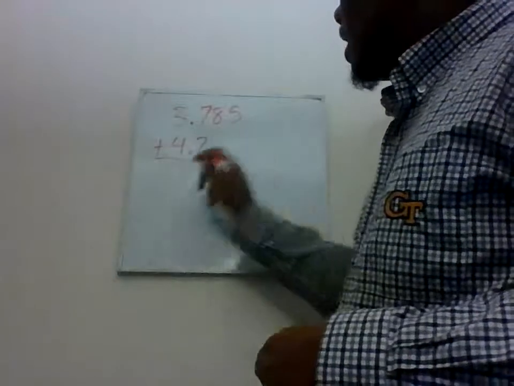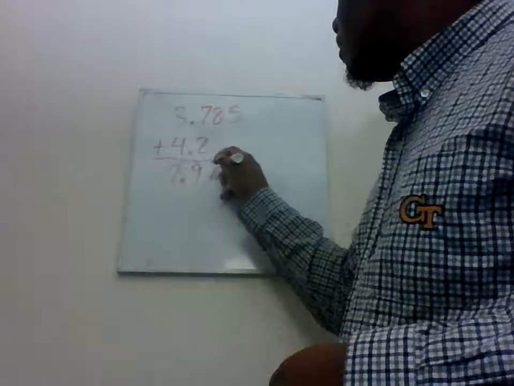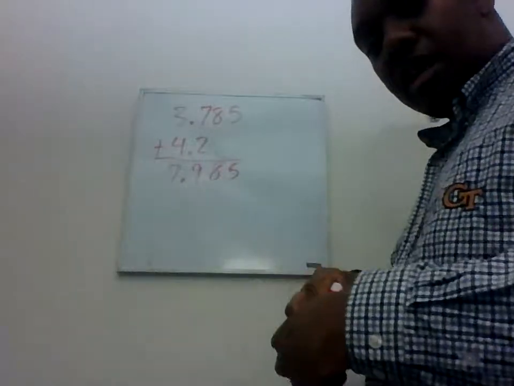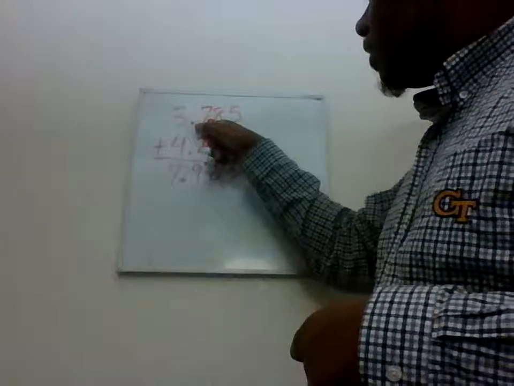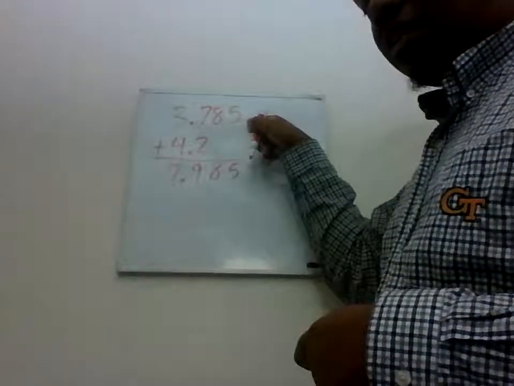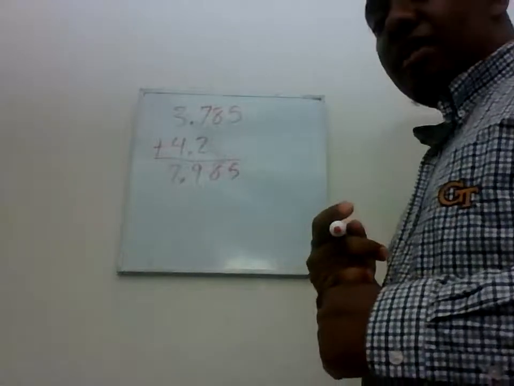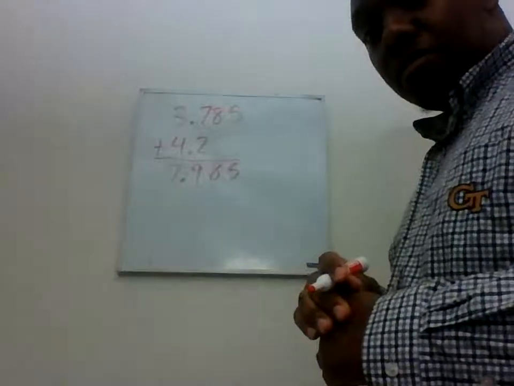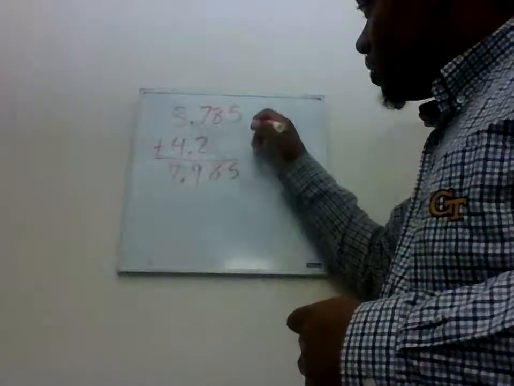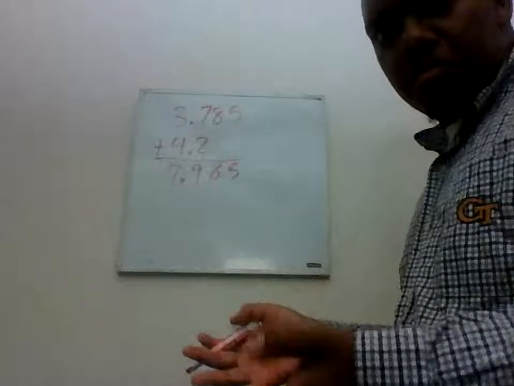So if we added this up, we will get 7.985. Okay. Well, we had 4 significant figures at the top, so we went down 3 values after a decimal. Second one, we only had 1 value after a decimal. So our final answer should also have 1 value after the decimal, because the smallest one of these had 1 value after the decimal. Okay, that's pretty simple, right?